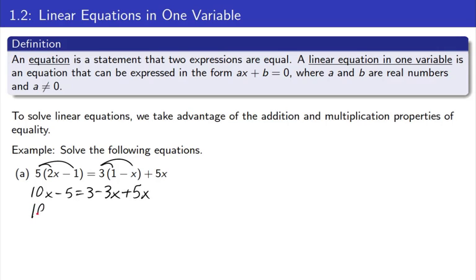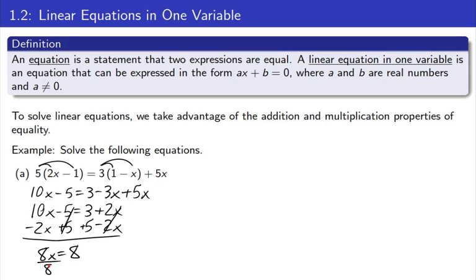So combining like terms, I end up with 10x minus 5 equals 3 plus 2x. And then let's subtract 2x from both sides, and at the same time I'll go ahead and add 5 to both sides. In doing so, I end up with 8x equals 8. I divide by 8, and I get x equals 1.